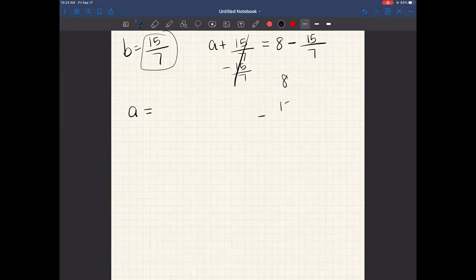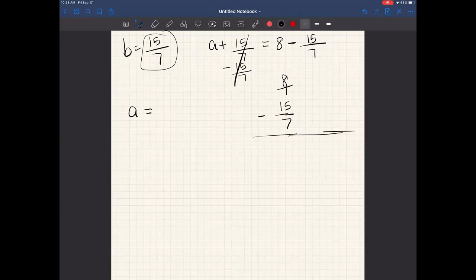So 8 minus 15 over 7, does 8 and 7 have anything in common without multiplying 8 by 7? Yeah, we're looking at a no there. So 7 is one of those horrible numbers. It's not so bad, we're fine.